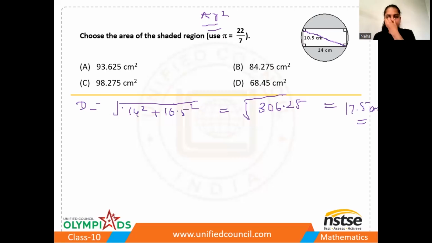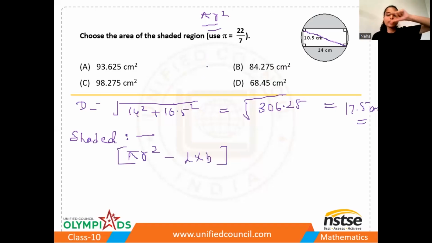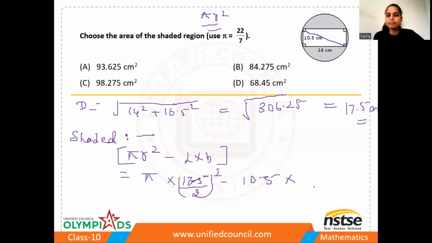That means the radius is 17.5 divided by 2. Now I can easily find out the area of the shaded region, because the area of the rectangle I can easily find out. There is no issue. So this is pi r square minus L into B. The area of circle is pi r square and the area of rectangle is L into B. So this is pi into 17.5 divided by 2 whole square minus L into B, that means 10.5 multiplied by 40.